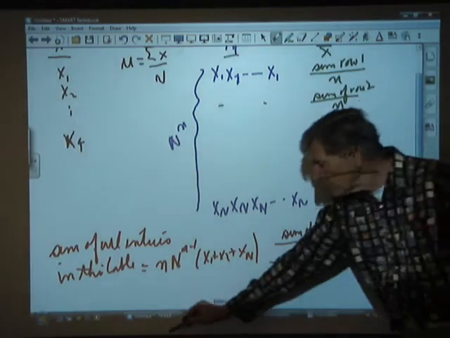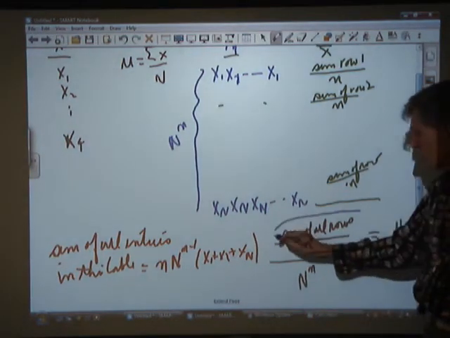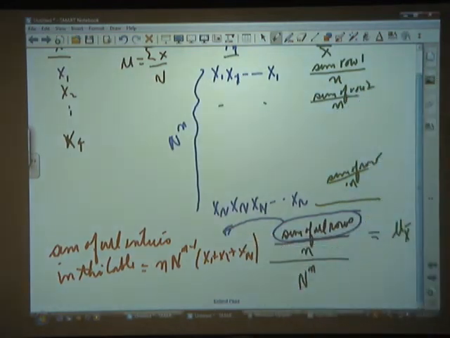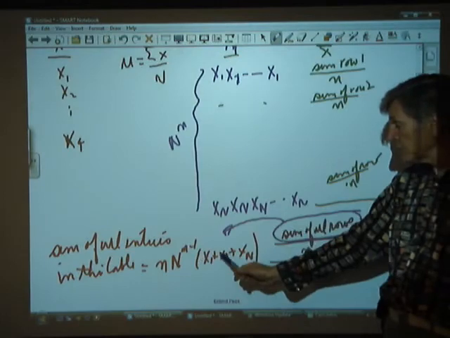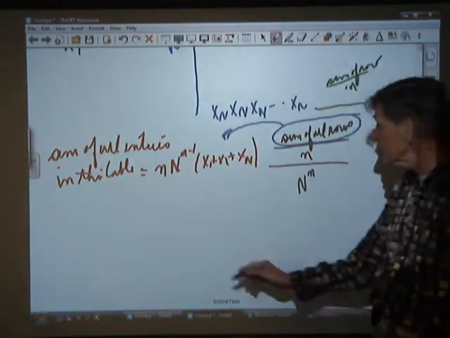Now notice, in part 2, we established the result that the sum of all rows, which is equal to the sum of entries in the table, is equal to our prior result, small n, capital N to the n minus 1 times the sum of all of the x's. So let's simply make that replacement.